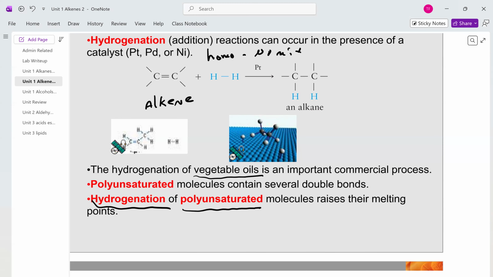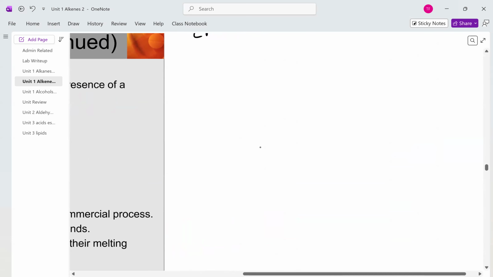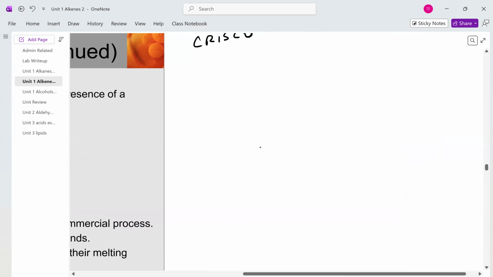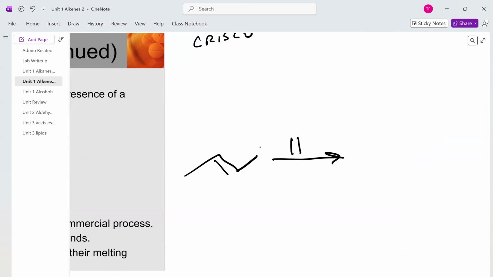Okay, so let's do an example here now. Let's take a butene again. And this time I'm going to do it with hydrogen gas. But with hydrogen gas, the reaction is slower. So what they do is they throw in a metal catalyst, like platinum, for example. Any metal, any active metal works fine. Platinum is used a lot because it doesn't react.